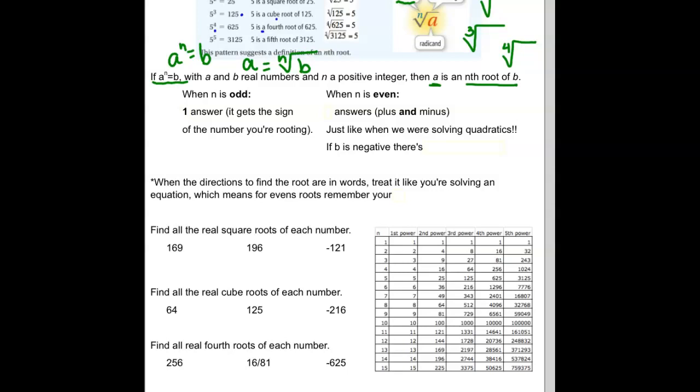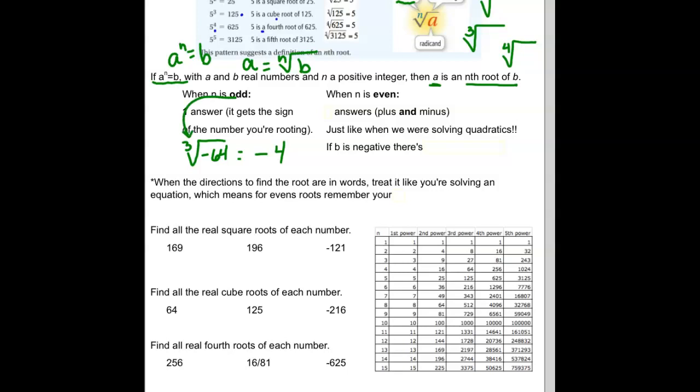So if n is odd, like we're taking the cube root of a number, let's say it's negative 64, when we cube root that, we're going to get a negative answer out. And we'll talk more about where I'm getting that 4 from in a minute. But the sign of our answer is just going to match the sign of what we're trying to take the root of, when our power or our index is odd.